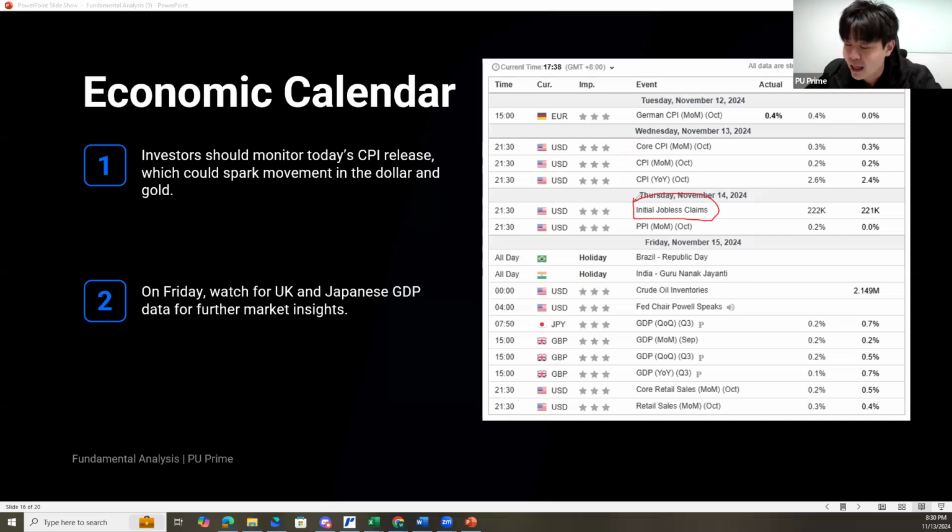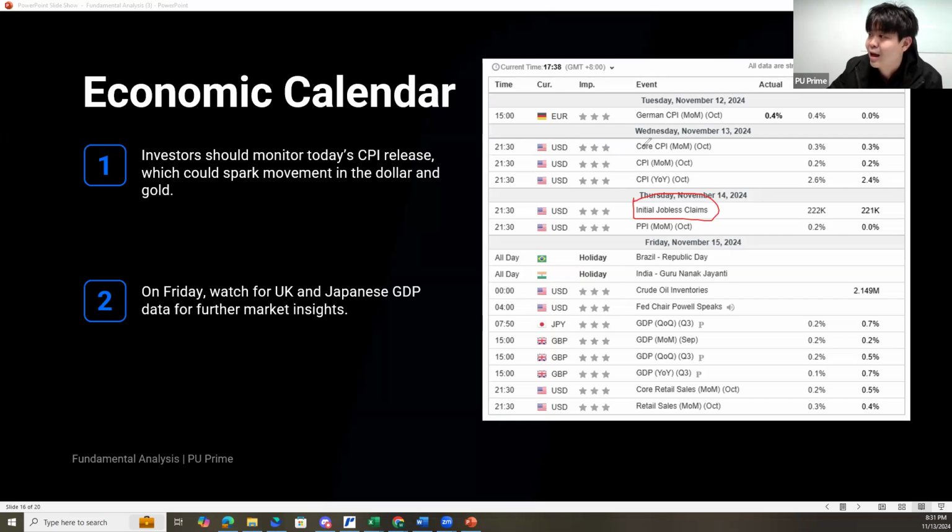Initial jobs claims is data where a higher reading means not good for the overall US market, because you need to understand it as unemployment benefits that people claim from the government if they don't have any job. So when this reading is very high, it means that a lot of people are jobless, they don't have any job, so they go claim from the government. So for initial claims, the higher the worse for the overall US job report.